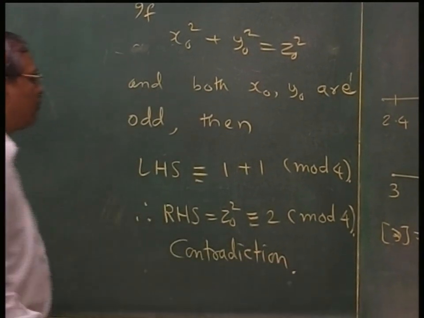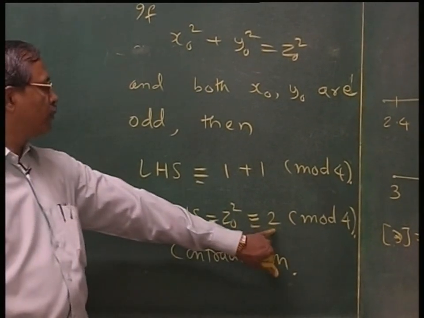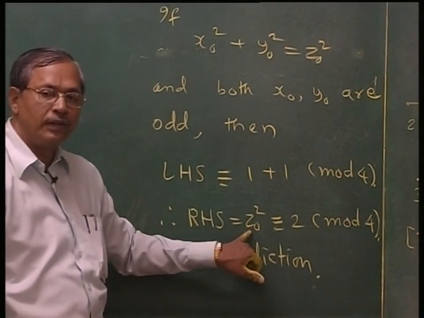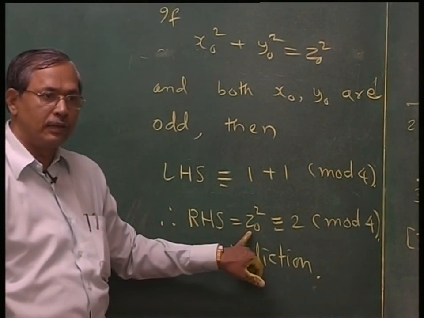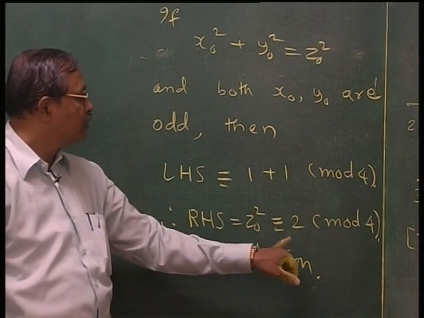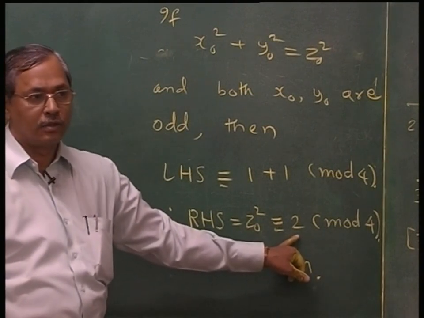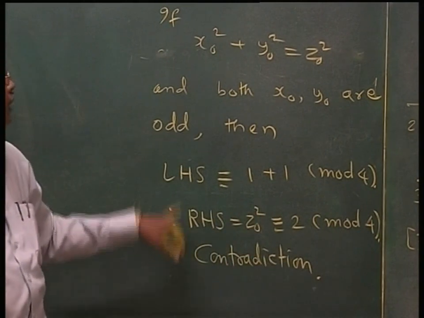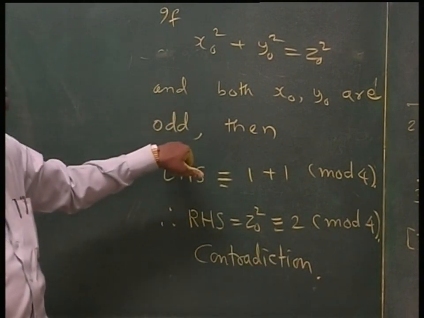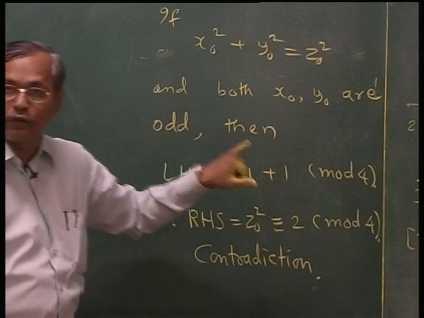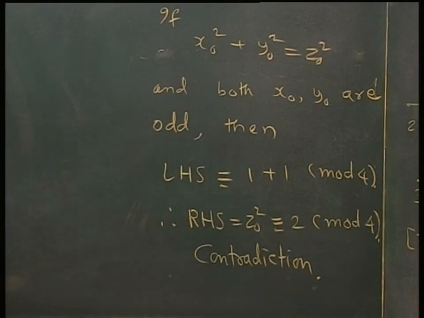Okay? Because z naught square is congruent to 2 mod 4 means z naught is even. But if z naught is even, z naught square is 0 mod 4, not 2 mod 4. So that means at least one of x naught and y naught is odd and another is even. Both are odd, both are even, that's not possible.